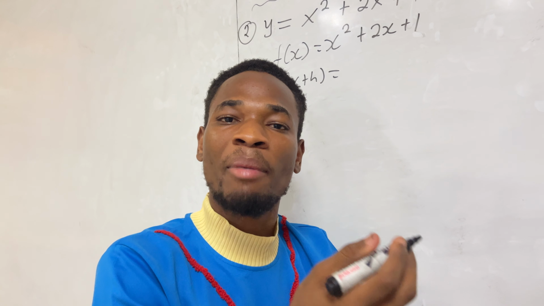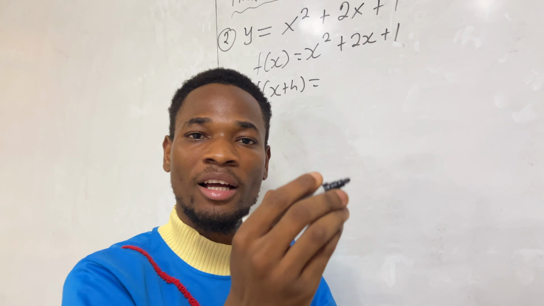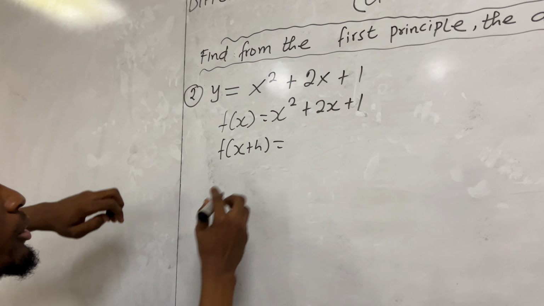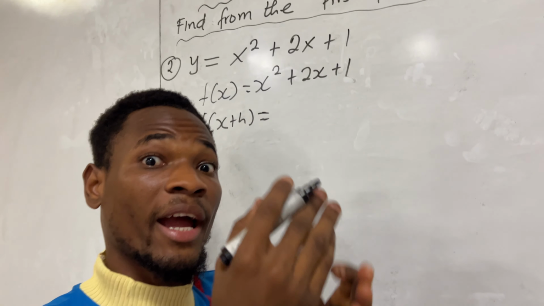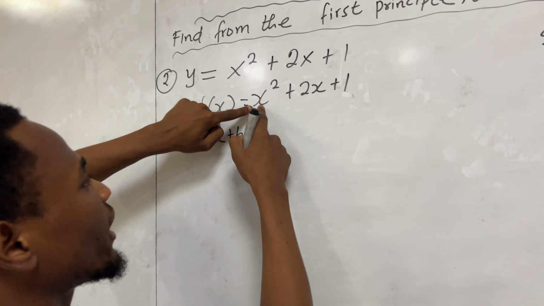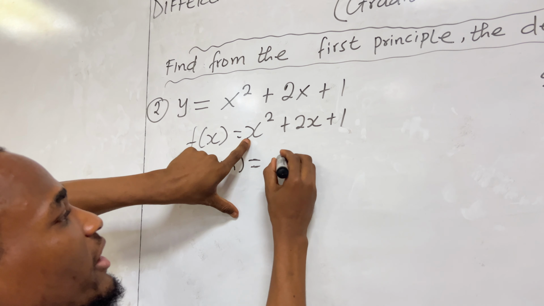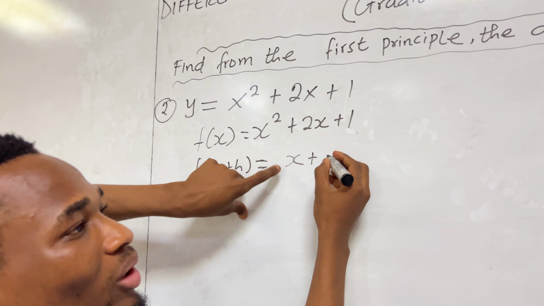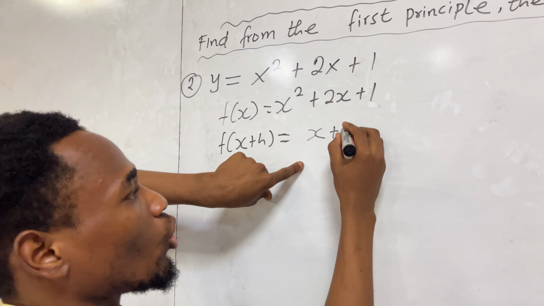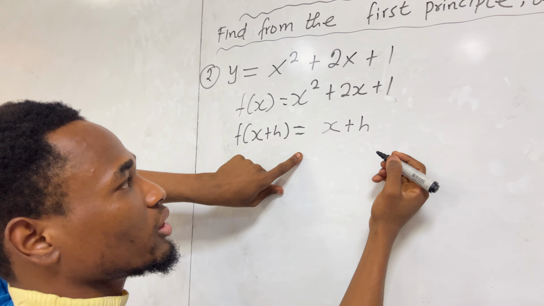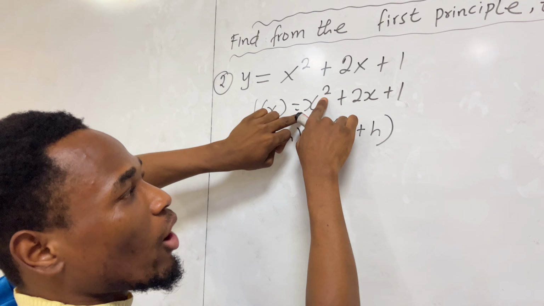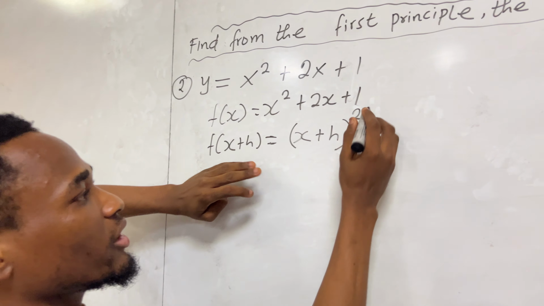So me increasing by h, I will say delta x. So delta x is the same as h, okay? So here, I can see x here, so I'll write my x, then I'll add my delta x or h. Then this whole expression is for the x, then I will square it in that order.